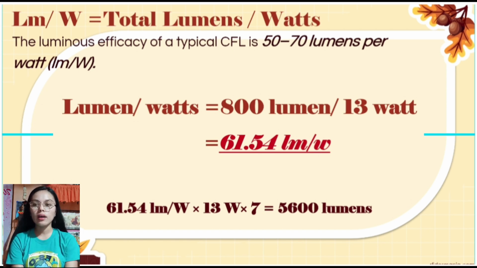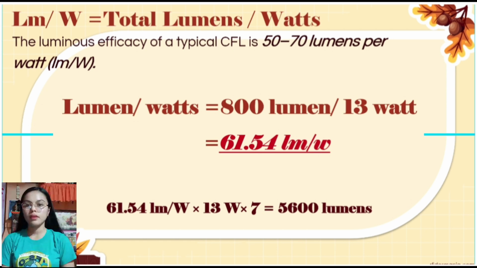So, cancel na to ang W, ang wattage. Ang answer nga na nilang duha, i-multiply pa na to og 7 because according sa tong given, 7 po daw ka CFL pin lights ang naa. So, ang answer nga na is 5,600 lumens, the same sa atong answer sa atong example dito.